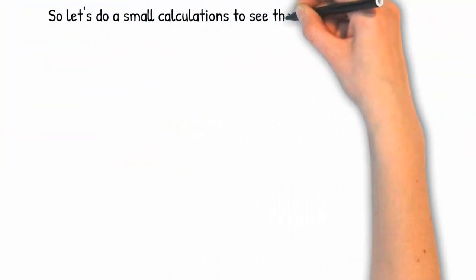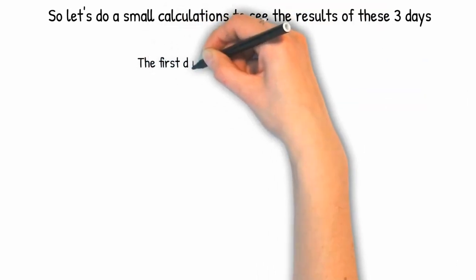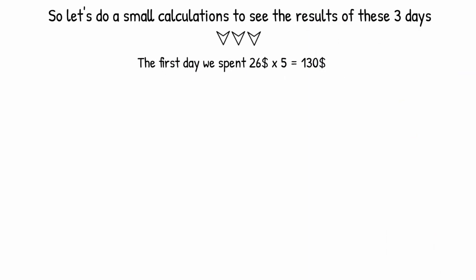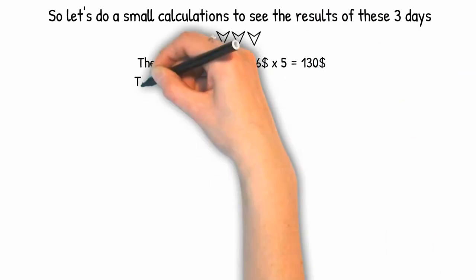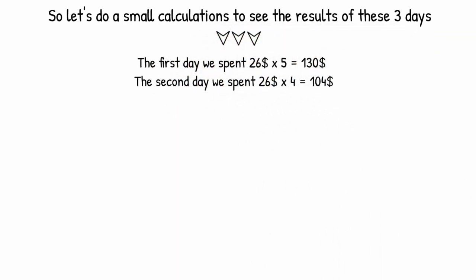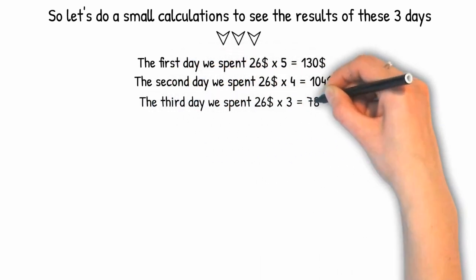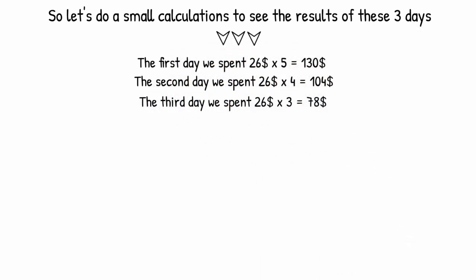So let's do a small calculation to see the results of these 3 days. In the first day, we spent 26 by 5 equal to $130. In the second day, we spent 26 by 4 equal to $104. In the third day, we spent 26 by 3 equal to $78.